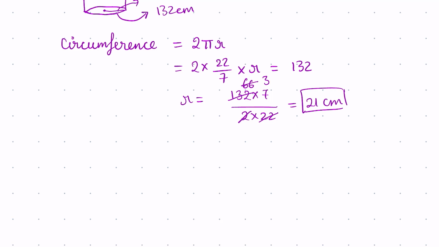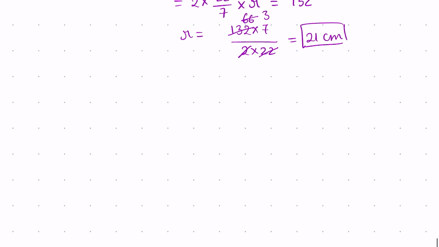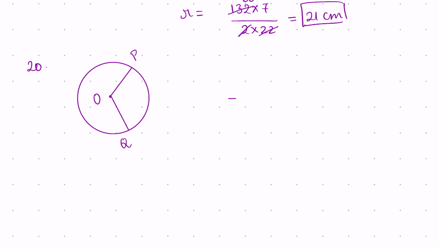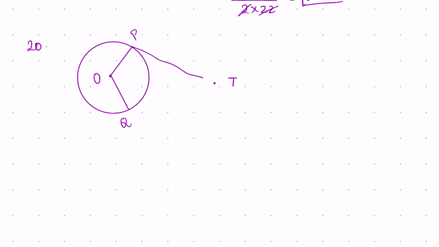Let's move on to question number 20 now. So question number 20, let me draw the figure first. Okay, so there's the center of the circle, there's the point P, then there's the point Q, that's the center of the circle, there's a point T outside the circle that's represented like this. We connect this.